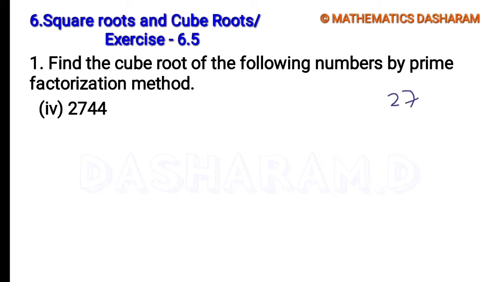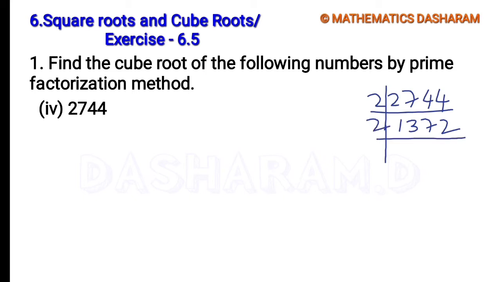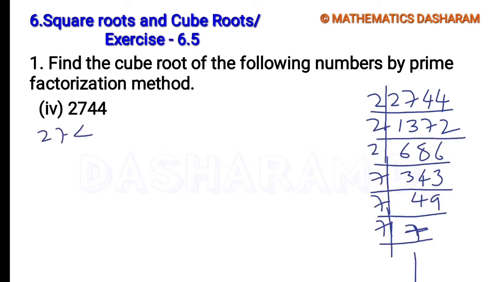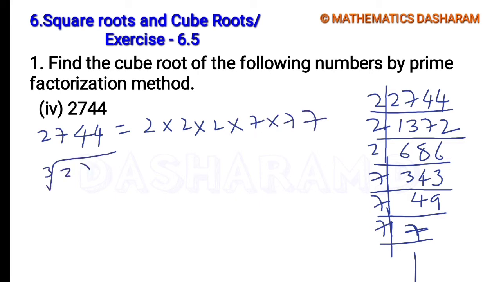2744. So it is coming in the two table. 2 ones are 2, 2 threes are 6, 2 sevens are 14, 2 twos are 4. Again 2 table. So 2744 equals a total of 3 twos, next 3 sevens. So cube root of 2744 equals, here one group, here another group.